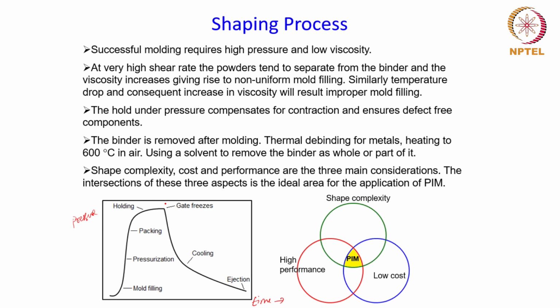And finally, we discussed about the advantage of this PIM process with the help of a Venn diagram like this, which shows that the PIM process can combine all these advantages like handling complex shapes, low cost and high performance.